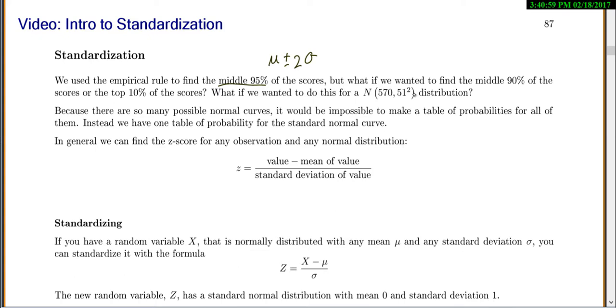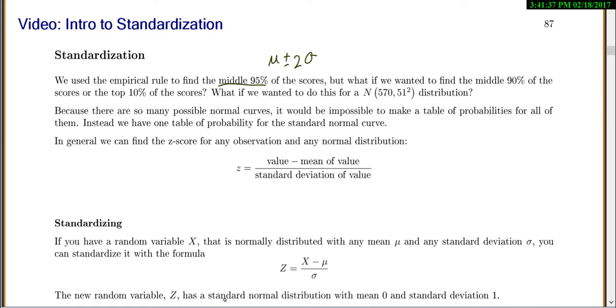Instead, we'll have just one table of probability for the standard normal curve. For any situation, we can always standardize any observation or random variable by taking z, which is our x value minus the mean of our distribution over the standard deviation of our distribution. So if we have a random variable x that's normally distributed with a mean mu and standard deviation sigma, we can standardize it with this formula, z equals x minus mu over sigma.